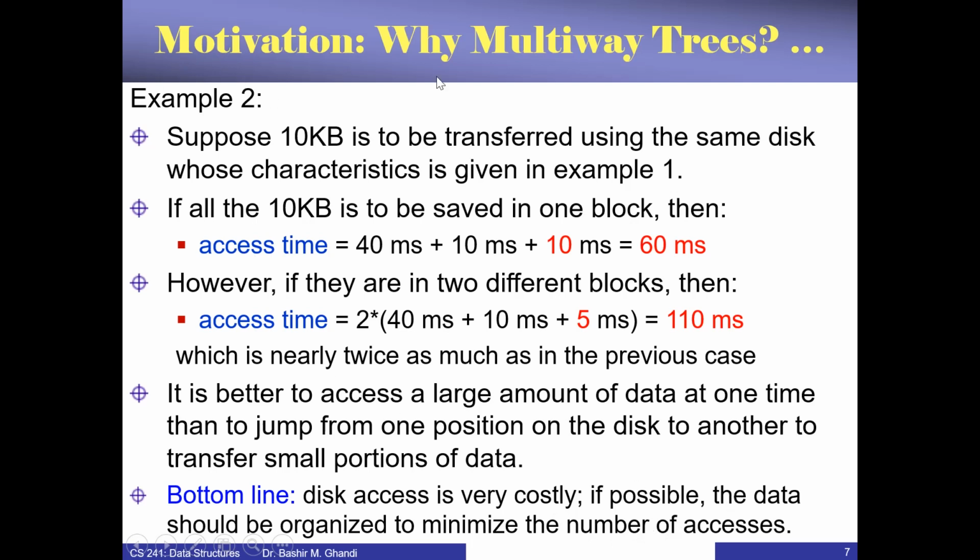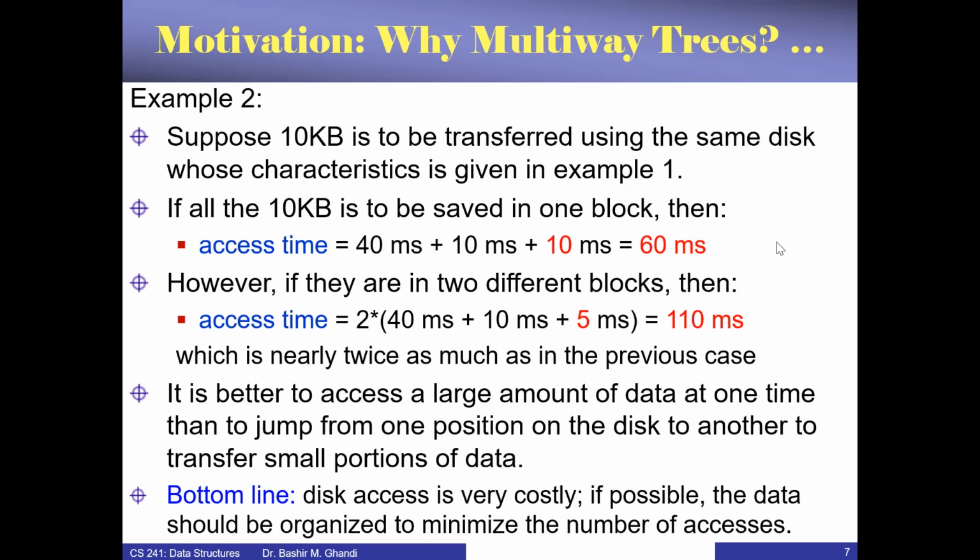And this is exactly what multiway trees are going to do for us. Instead of saving small chunks of data in different blocks, a multiway tree tries to pack as much data as possible in one block, so that we reduce the number of disk accesses and therefore make our programs more efficient. This is basically the motivation for learning about multiway trees.